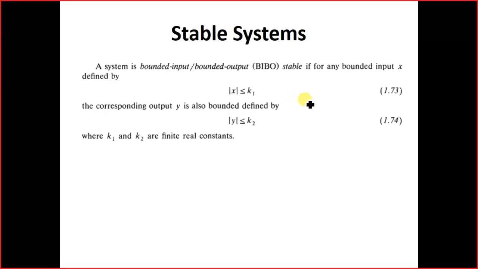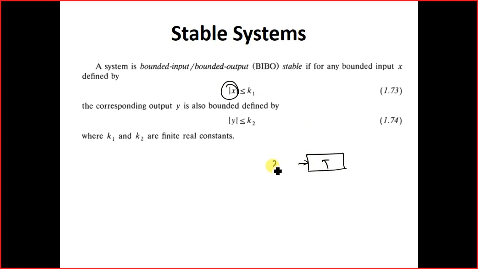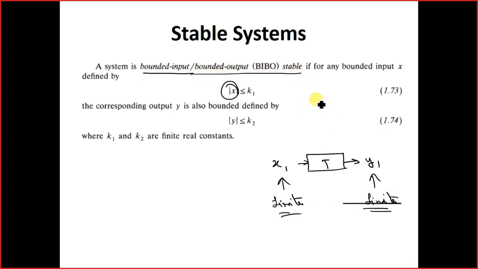Stable systems: if you have a system with a transfer function, and you give a bounded input, that means finite in nature, you should get an output which is also finite in nature. Such systems are regarded as stable systems, under the category bounded input, bounded output, stable system.